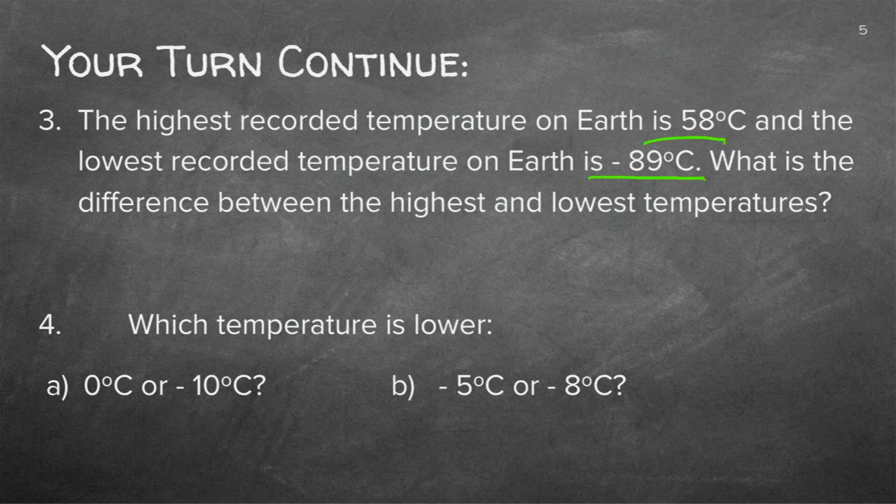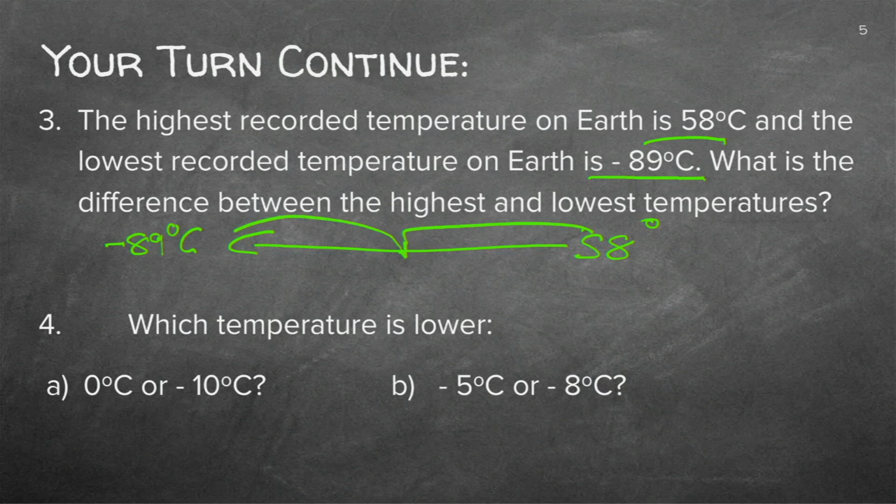Okay, so we've got 58, and then it dropped all the way to -89 degrees Celsius. So to get from 58 to 0, and then from 0 to -89, what do we do? We're going to add them together, right? So the difference is 147 degrees Celsius. Got it?